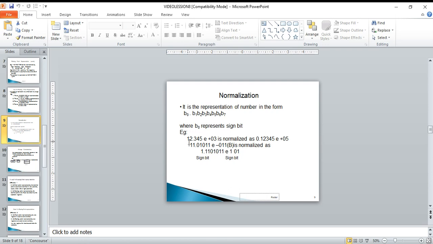By moving this binary point, the exponent can be increased.